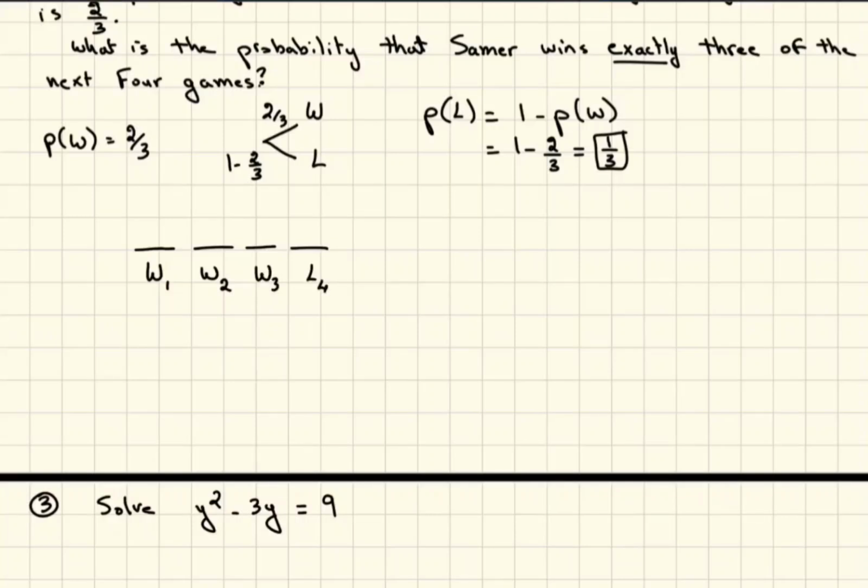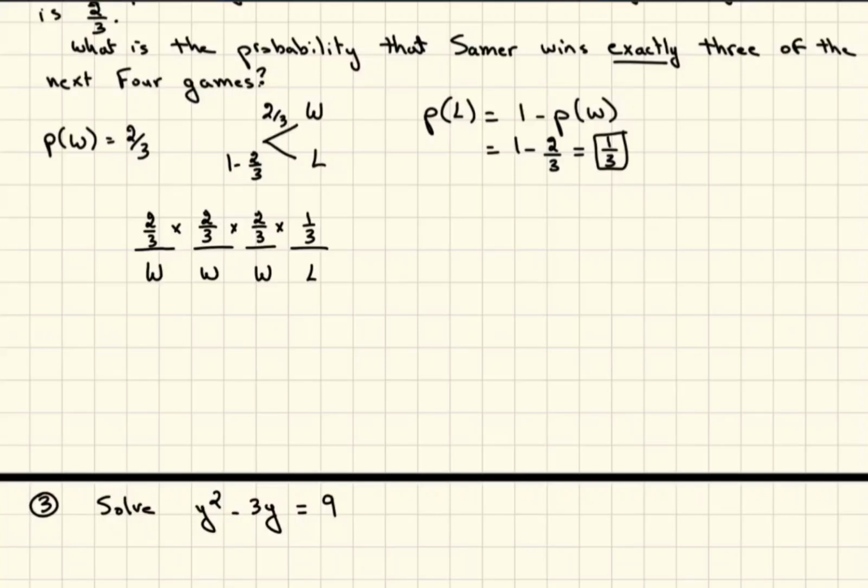The 1, 2, 3 here, I'm just writing them to say winning the first, winning the second, the third, and losing the fourth. Alright, the probability of winning the first is 2 over 3. And he must win the second, so again 2 over 3. And winning the third is 2 over 3. And losing the fourth one, which is 1 over 3.